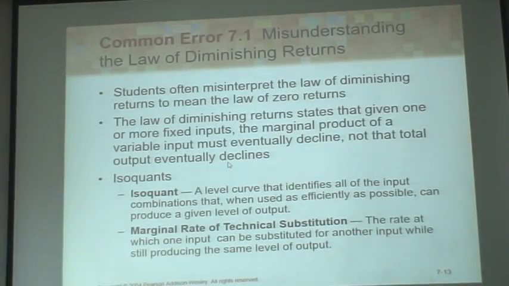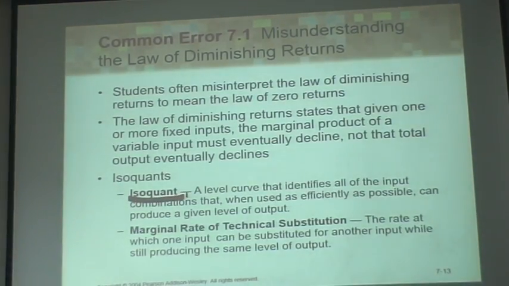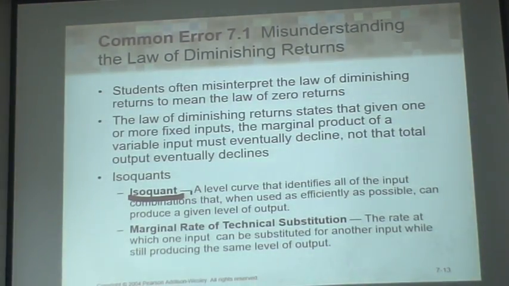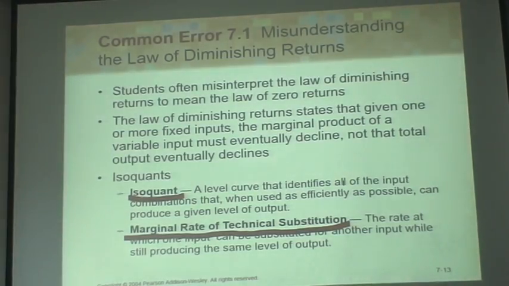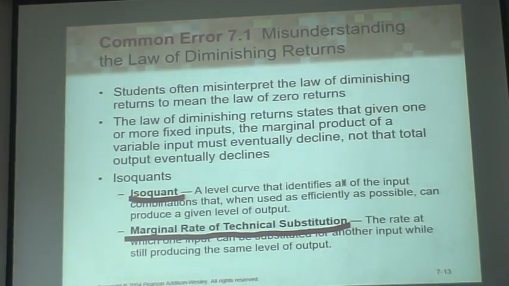Okay, so we have the isoquant, similar to the indifference curve. For the indifference curve, when we talk about consumer behavior, we have marginal rate of substitution, right? And now we are talking about producers, so we have marginal rate of technical substitution. It's called MRTS.